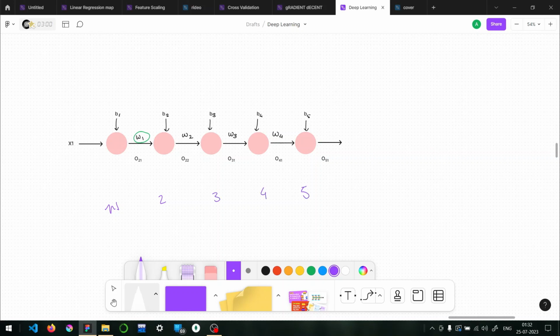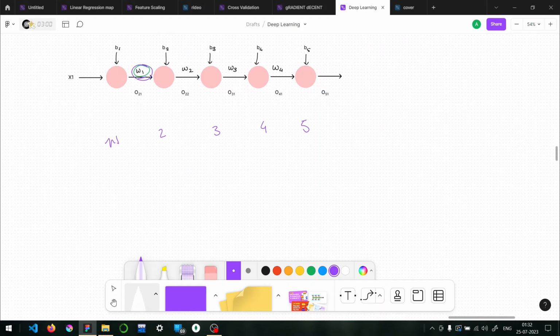All of them are having the sigmoid function as their activation function. We have propagated in the forward direction, and now we have to update our weights. So this is W1 and we have to update W1.